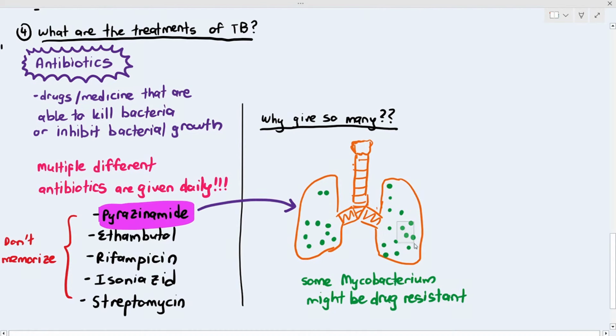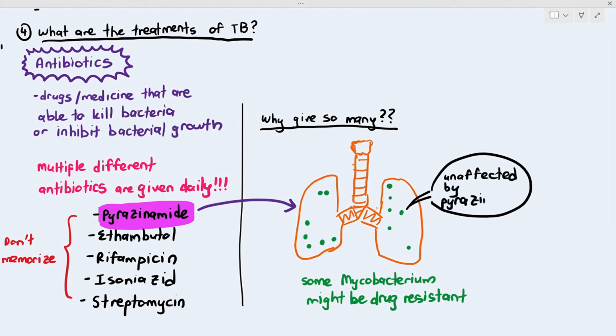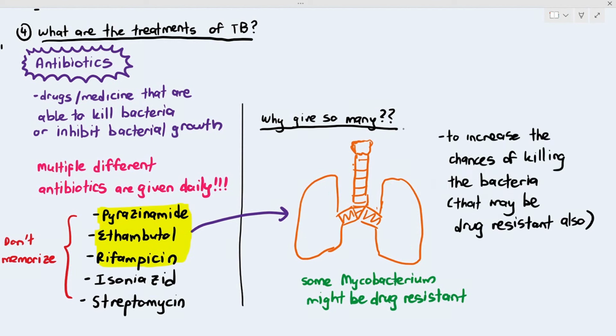Now, when pyrazinamide or one type of antibiotic is given, it may kill some of the bacteria, but notice that some other bacteria survived because those bacteria are unaffected by pyrazinamide, so they are antibiotic resistant or pyrazinamide resistant. So the doctor gives a combination of maybe 3 to 4 different types of antibiotics simultaneously. In this way, we increase the chances of killing the bacteria. So the bacteria may be resistant to one type of antibiotic, but it's not resistant to another type of antibiotic. That's how that works.